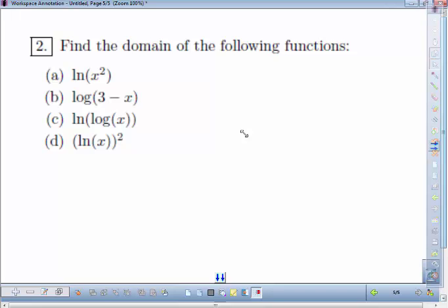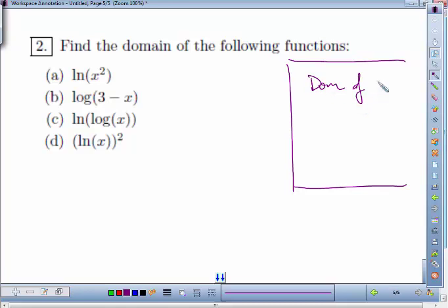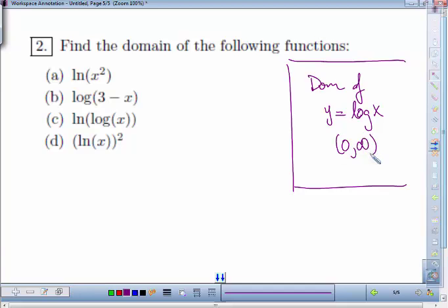Try it again, the domain of the log function, just the log. So the domain of the log is x greater than 0, and the range is all real numbers.